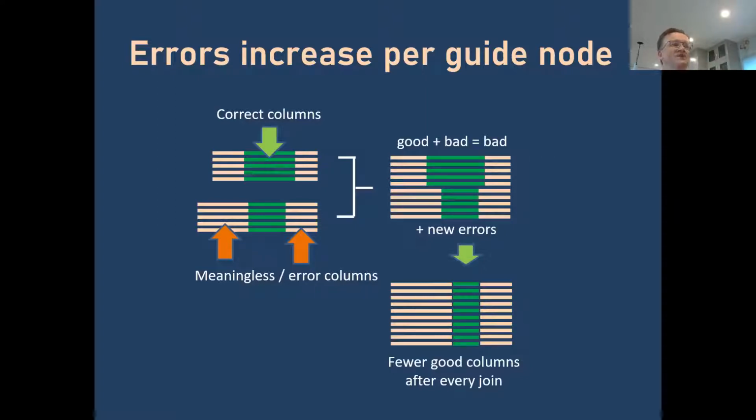We've got other columns which are like the red area. Here I've shown them in orange. They're meaningless or filled with errors. And when we combine those two, whatever errors we have so far, we're stuck with them, and we're going to introduce new errors and get new meaningless regions in the combined alignment.